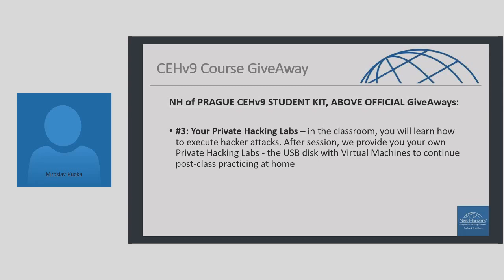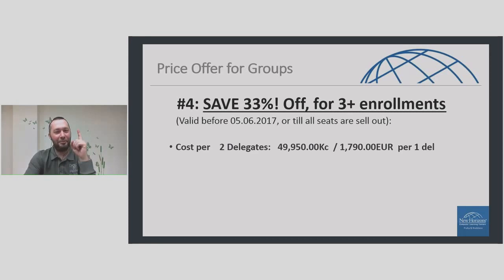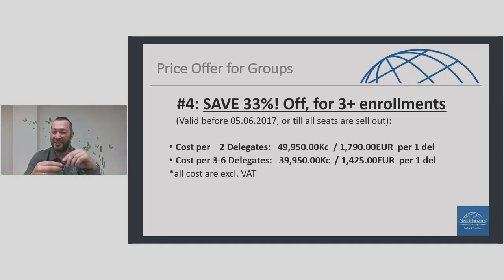In the classroom, you will learn how to execute hacker attacks, with some samples and labs. After the session, we provide you your own private hacking labs, meaning a USB disk with virtual machines, so you can continue practicing at home after class. I think it is cool. But be careful: your USB disk may possibly be replaced with a rubber ducky.